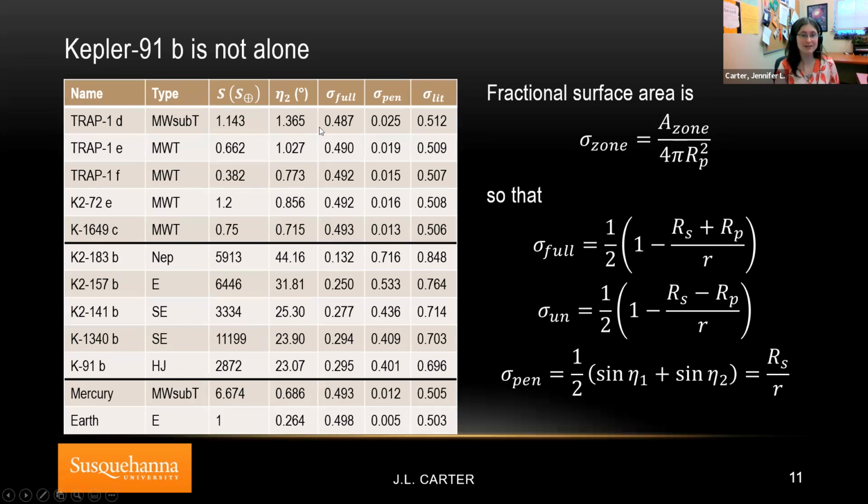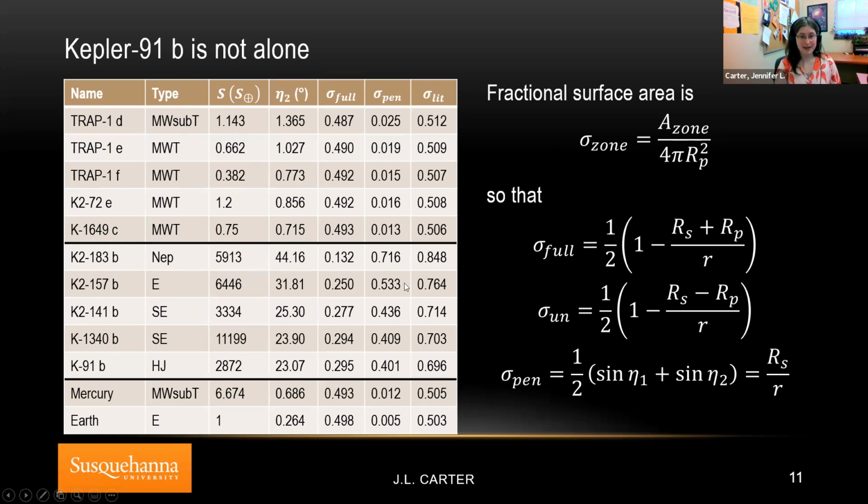And I want to draw your attention to the fractional area, sigma full, within the fully illuminated zone, and the fractional area within the penumbral zone. The addition of the two is the fractional area lit. For these 5 exoplanets, I've ranked them mostly based on the size of the penumbral zone. And we see that the largest one for TRAPPIST-1d is 2.5%.